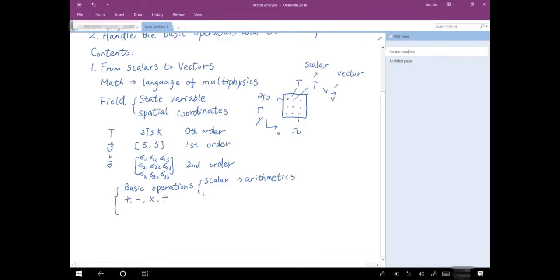And if we are talking about vectors, we also learned something about the basic operations of vectors in high school or at college. And that is vector algebra.